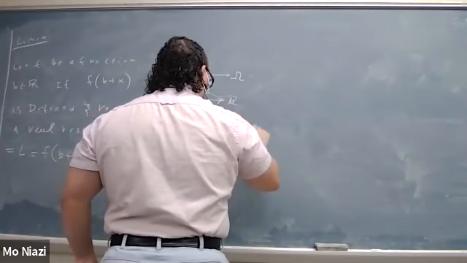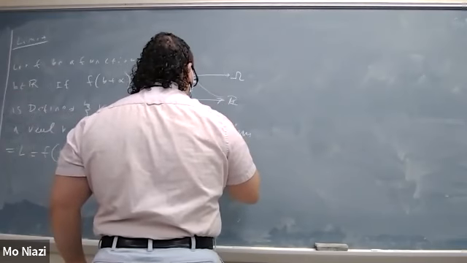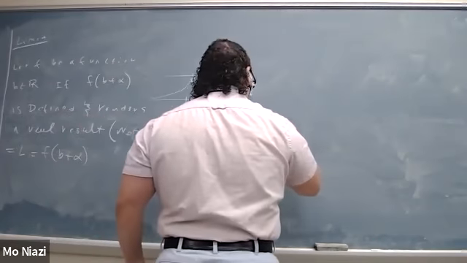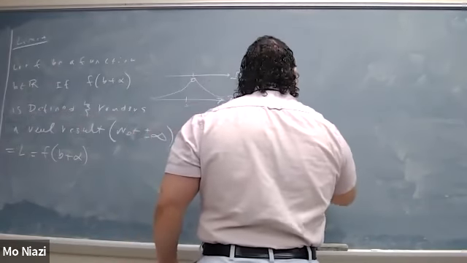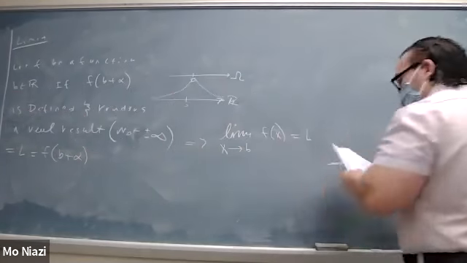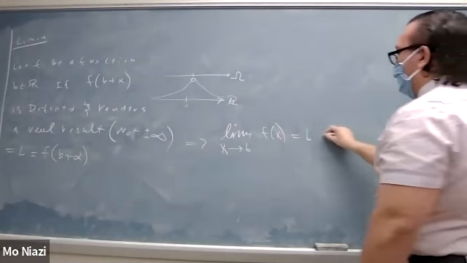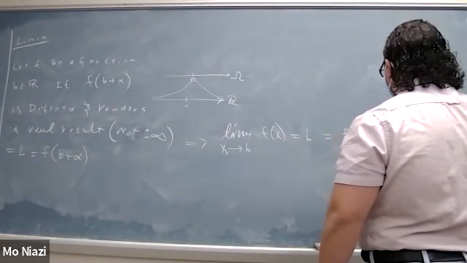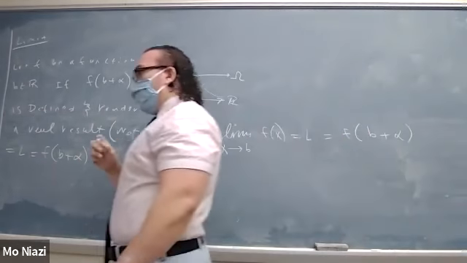Yes. The limit, LIM is short for limit, as x approaches b of f of x is equal to L. Okay? And what we end up saying is this is also equal to evaluating the function at b plus some arbitrary infinitesimal.